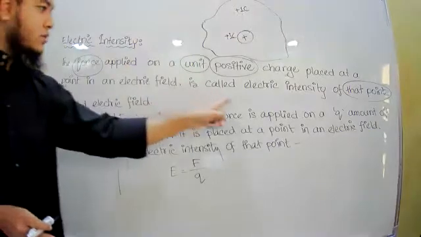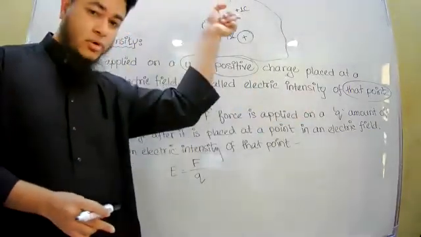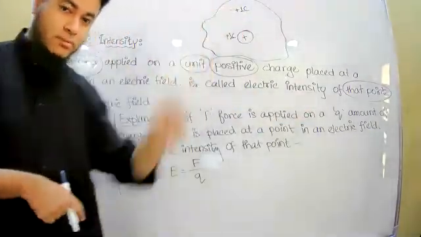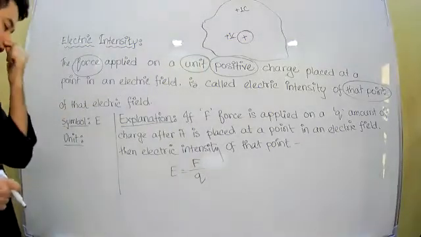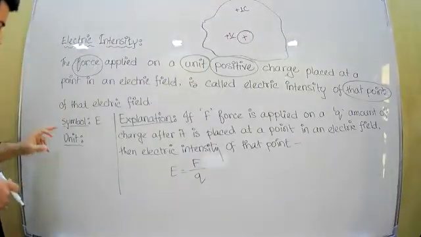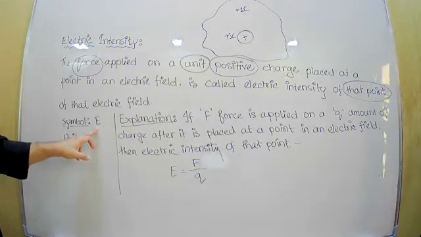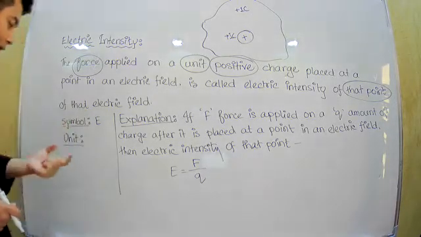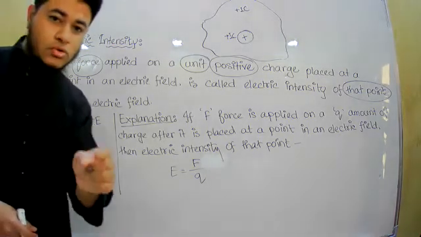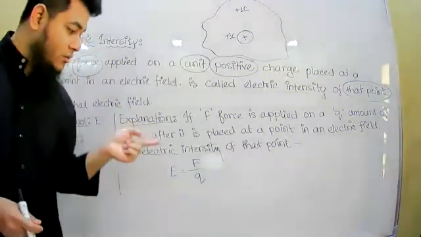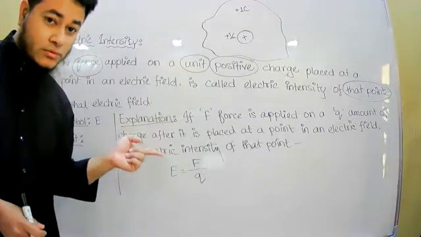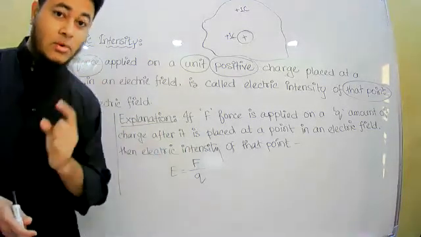That force is called the electric intensity of that point where you have placed it, of that electric field. What is the symbol? The symbol is E. Electric intensity is expressed with E. I did not write the unit because I want to know the unit from you. You will look at the equation that we are going to develop, and from there you will tell me what the unit should be.